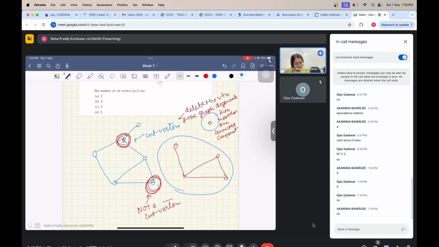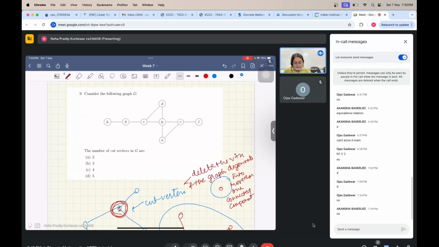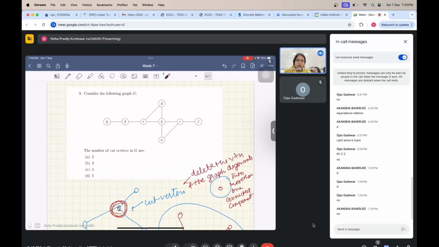So you look at this graph and try to find out what is a cut vertex. Ma'am, I think it should be option C, option 3. Okay, so what are the cut vertices according to you?